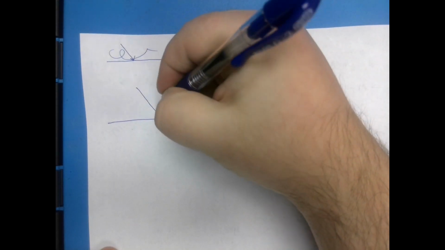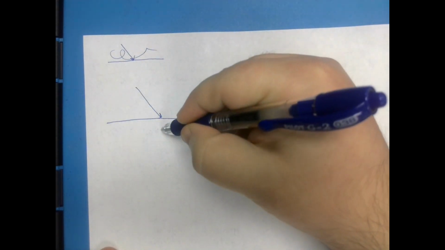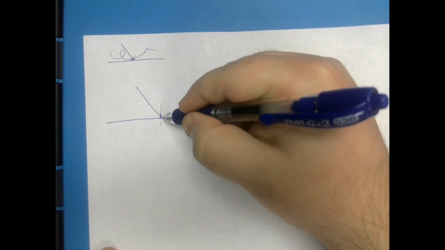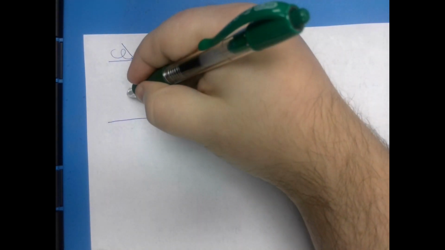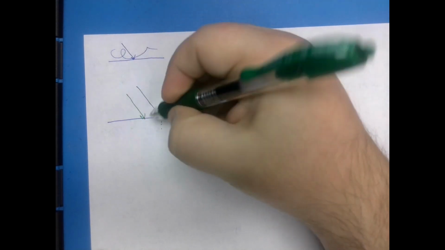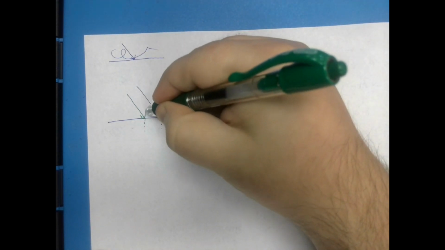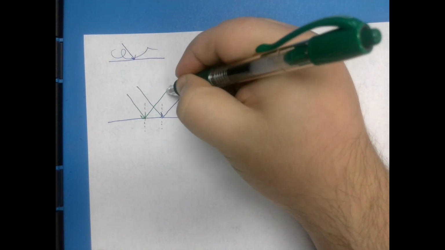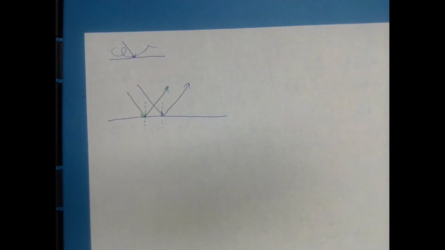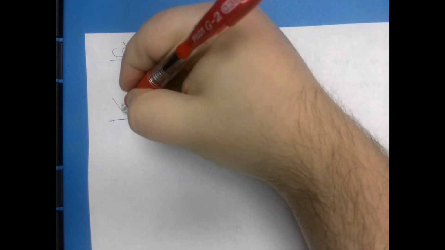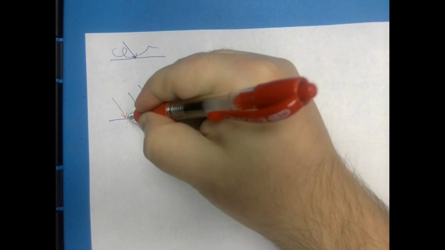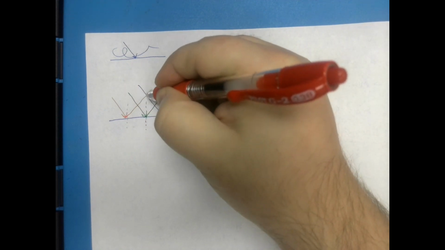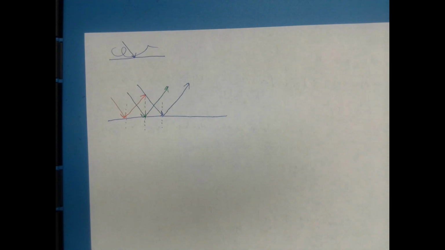So I come over here to a smooth surface. Here's my normal line. It's going to reflect off like this. Another line comes in. It's parallel to the first. Normal line is going to reflect off. And come over here, another line's coming. Going to reflect off. And so we see these lines stay parallel.